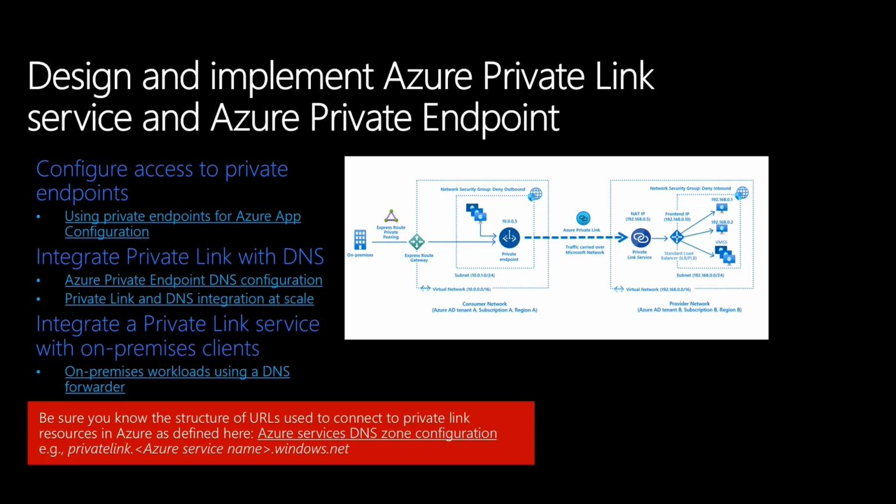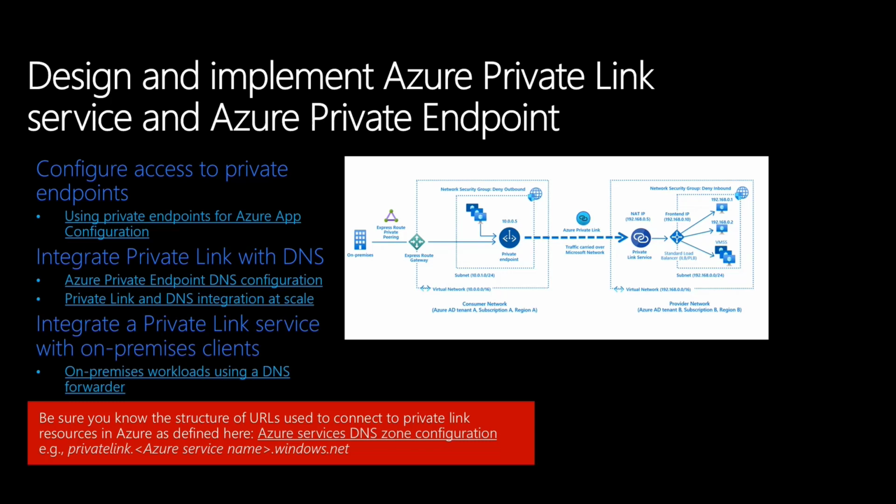Existing Microsoft Azure services may already have a DNS configuration, but keep in mind that that is for their public endpoint. That configuration has to be overwritten to connect using the private endpoint.